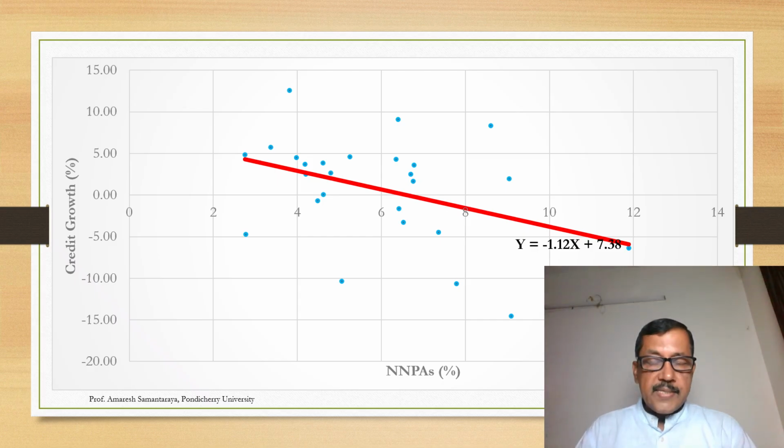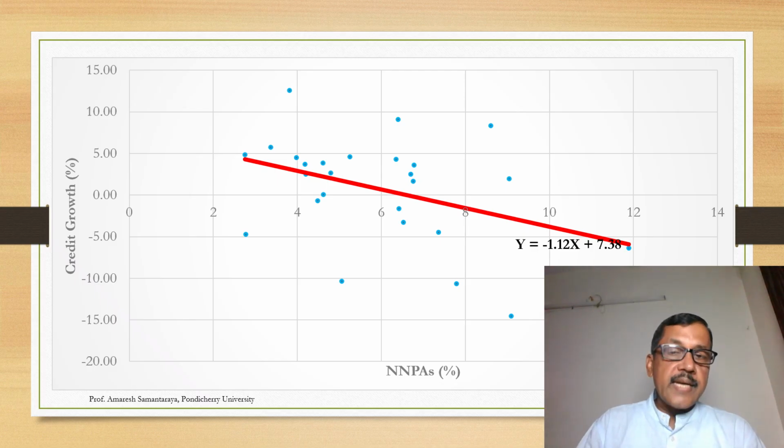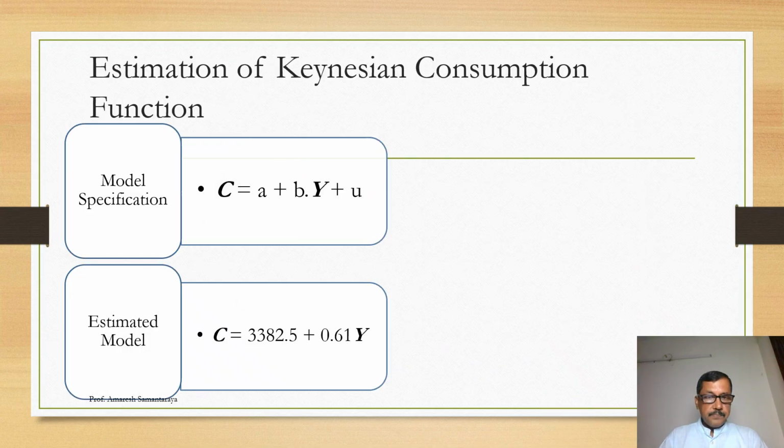Using OLS, I have got the slope coefficient minus 1.12 and intercept coefficient 7.38, and this red line here corresponds to this estimated intercept and slope coefficient. So this way, the red line is the best possible way of explaining the relation between NPAs and credit growth, derived from our estimated econometric model.